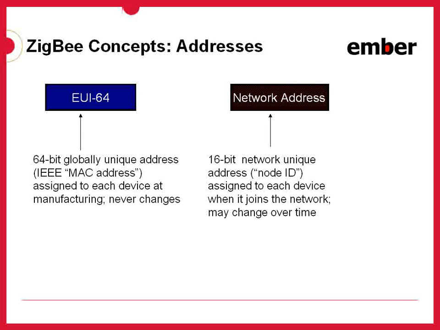Now, I say supposedly unique within the network because the network address or node ID is able to change after the node enters the network. It's assigned initially as the device comes in, but because ZigBee Pro uses a random address assignment scheme, it is possible for two nodes to have chosen the same random address. If that ever happens, much like the PAN ID scheme, there is a method for conflict resolution.